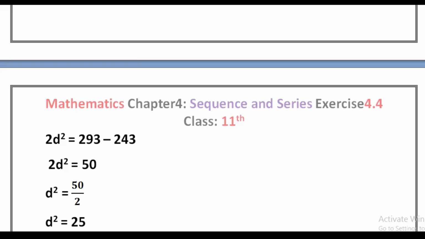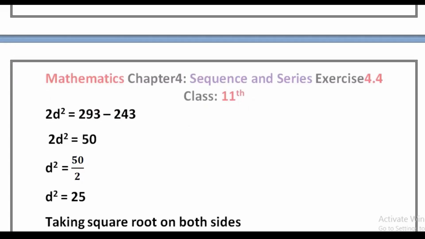So 2d square is equal to 293 minus 243, which is 50. Dividing by 2 on both sides, d square is equal to 50 divided by 2. 25 times 2 is 50. So d square is equal to 25.